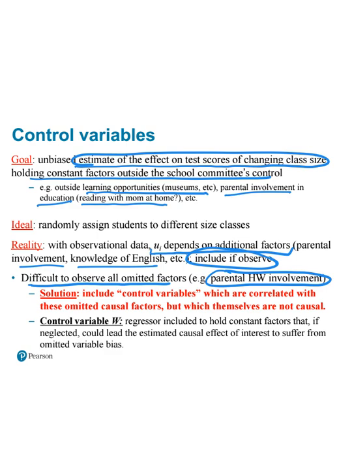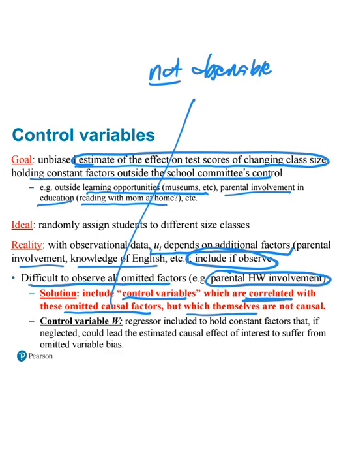So what is the solution then? The solution is to include what are called control variables, which are correlated with these omitted factors that we cannot observe. So these are not observable and are impossible to collect, but which themselves are not causal.